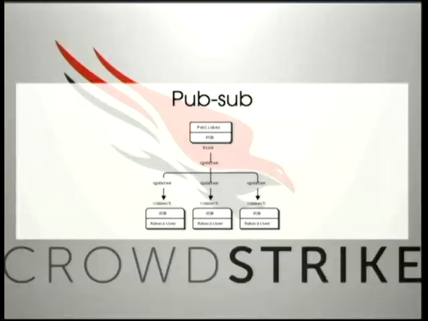So PubSub, one of the features of a ZMQ socket is that you don't have to start up the server to be able to connect to it. You can fire up a client and it will wait until the endpoint that it wants to connect to comes online.